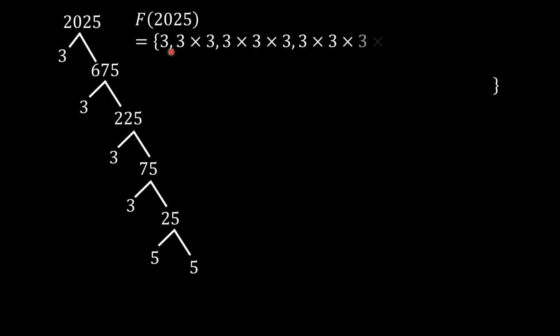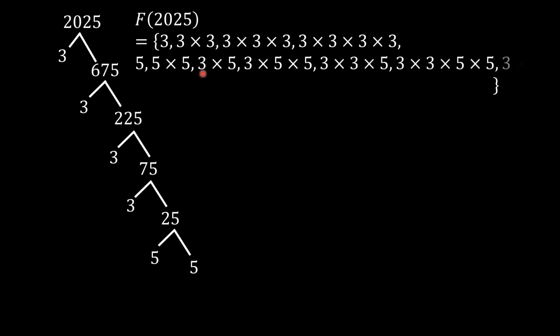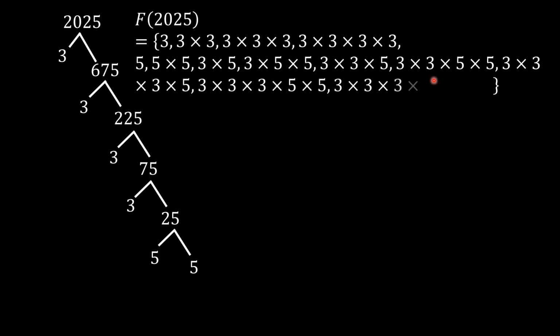And so what that means is that having done this, all the factors of 2025, and we denote that set by f, 2025 is either 3, 3 times 3, 3 times 3 times 3, 3 times 3 times 3 times 3, and then 5, 5 times 5, 3 times 5, 3 times 5 times 5, 3 times 3 times 5, 3 times 3 times 5 times 5, 3 times 3 times 3 times 5, 3 times 3 times 3 times 5 times 5, and then 3 times 3 times 3 times 3 times 5 times 5.